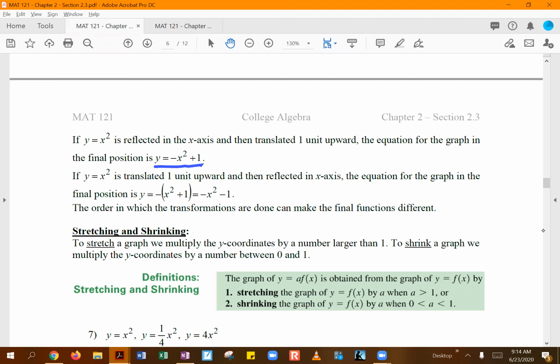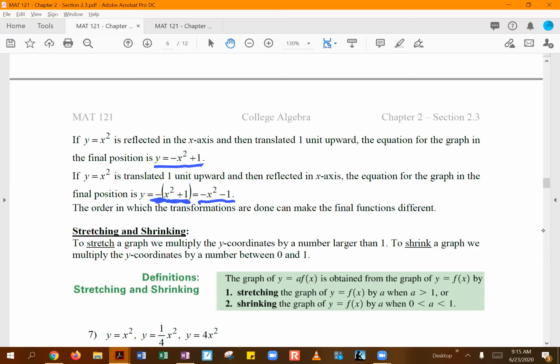Now they are saying if you did the translation first, if you move the graph 1 unit upwards and then you did the reflection, you are actually going to get a different equation because you are moving the graph first 1 unit up, so that's where you add 1, and then you take the reflection on the entire function. So you actually end up getting negative x squared minus 1 as your function.